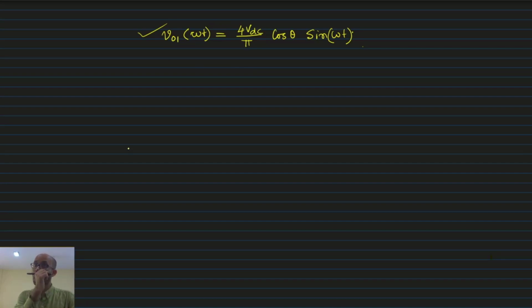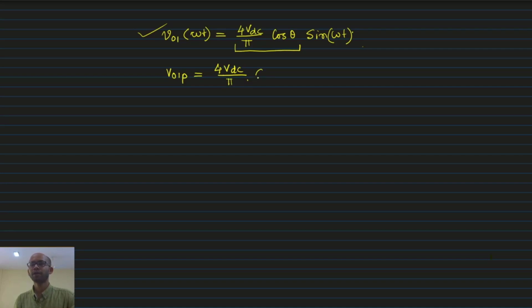So now if I find it, this is the maximum value. If I write Vo1p, that is the peak value of Vo1, that value will be 4 VDC by pi cosine of theta, the peak value of the fundamental frequency.